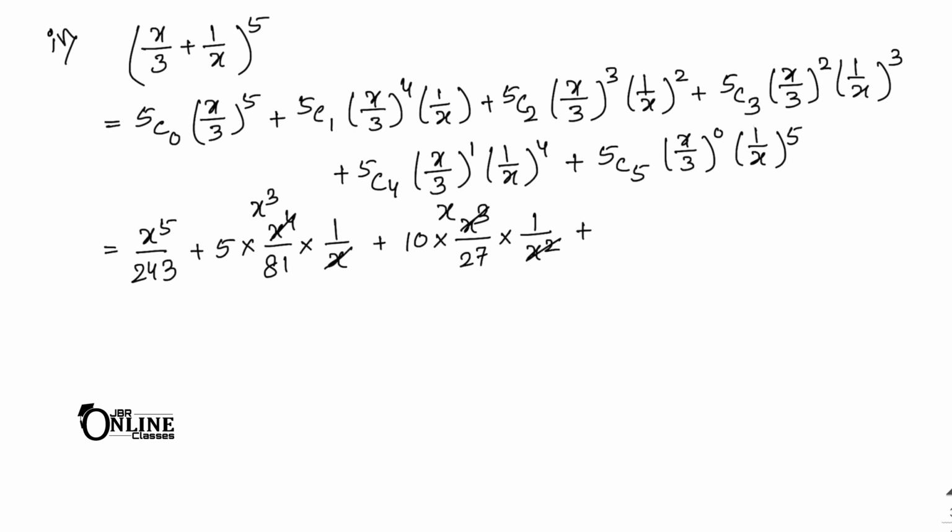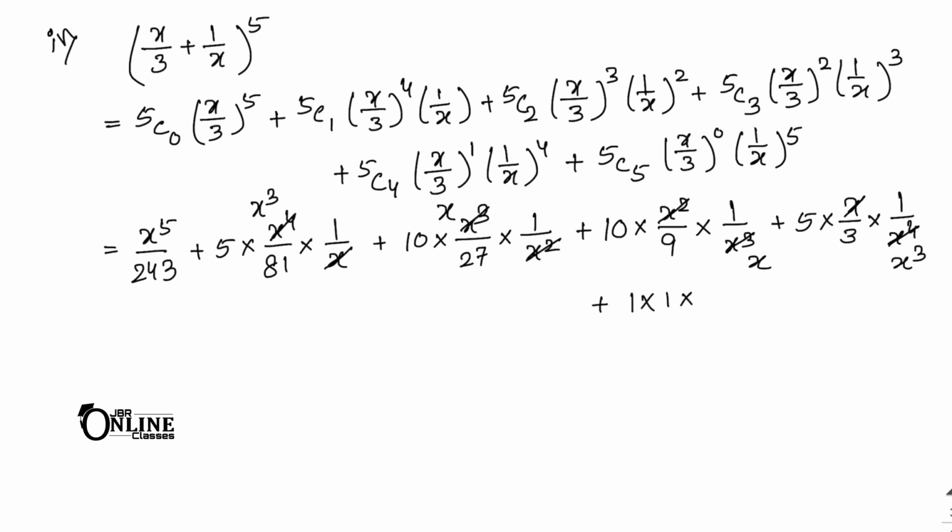Next one 5c3, it's also 10, and here x square by 9, here 1 by x cube, cancel out this one, x. Next 5c4, that equals 5, then here x by 3, and then 1 by x to the power 4, cancel out, it's x cube. Last one 5c5, it's 1, again 1, and then 1 by x to the power 5.